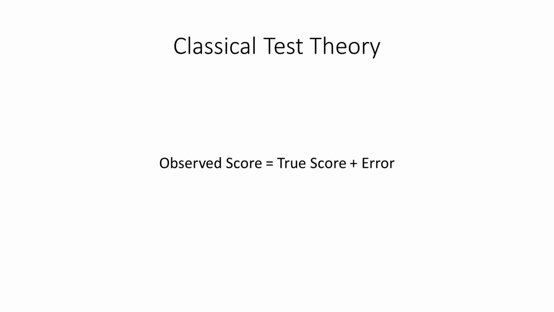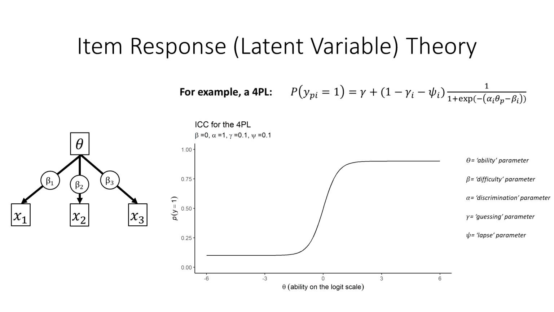However, the current most dominant paradigm within test theory, at least within educational testing and psychometric testing and other areas of psychology where we typically deal with unobservable concepts or constructs of interest, is what's known as item response or latent variable theory.